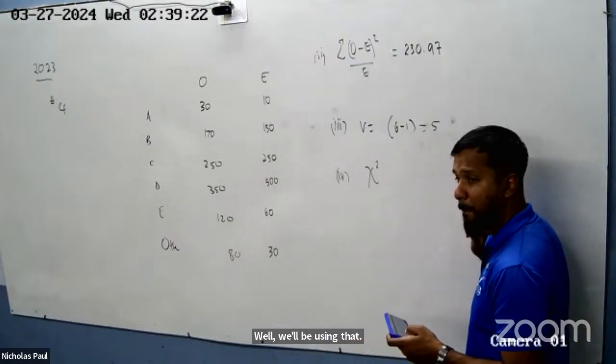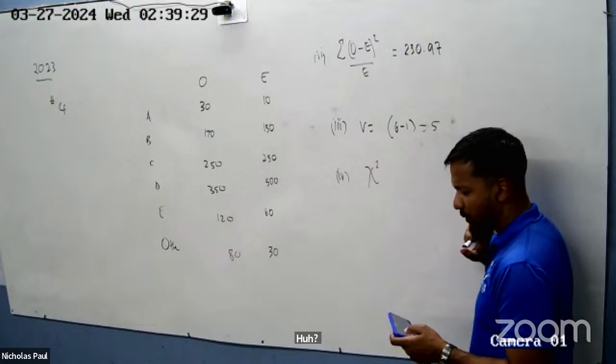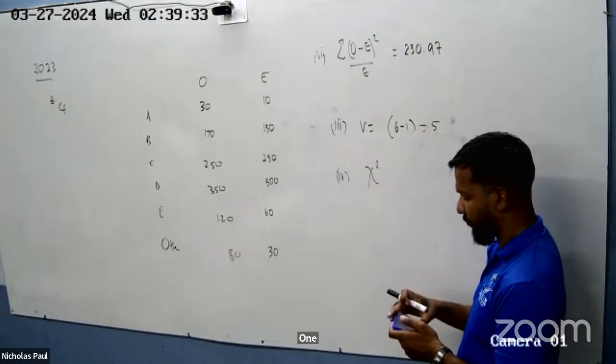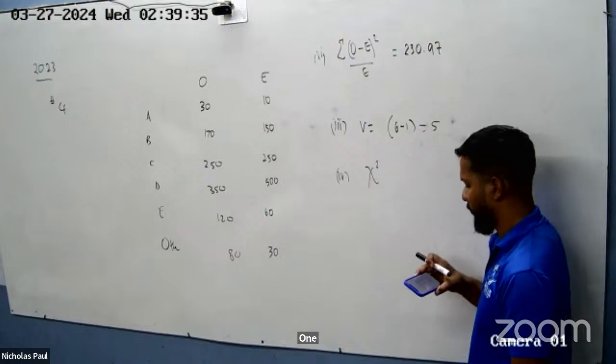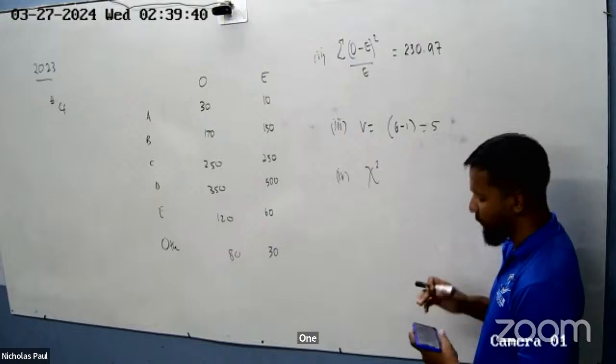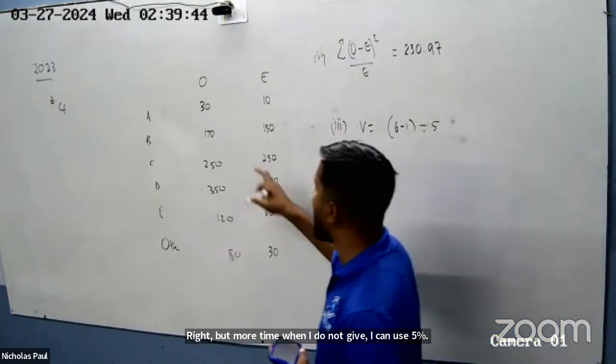Give one. Right, but most times when it's not given, maybe we could use 5%. Right, but if you compare here, what you will say?